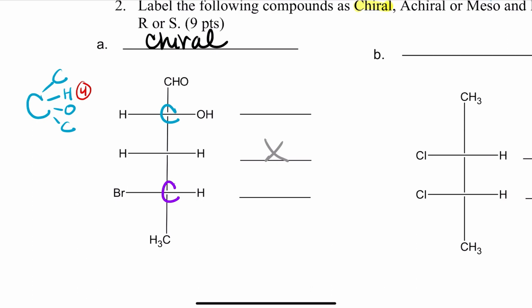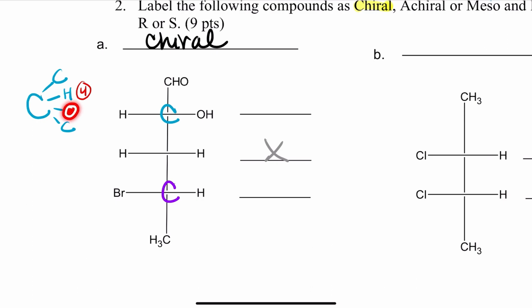So for example, the bigger the number above the element letter on the periodic table, the higher the priority is. Hydrogen has a 1 above it because it only has 1 electron, 1 proton. So that means it's the lowest priority, so we give it 4, because 1, 2, 3, 4, it's the lowest out of these.